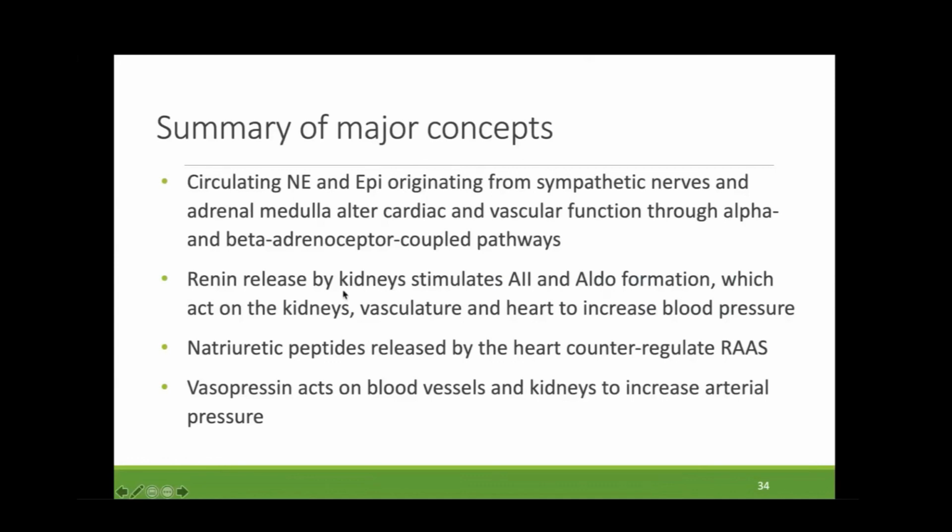Renin released by the kidney stimulates angiotensin II and aldosterone formation, which act on the kidneys, the vasculature, and the heart to increase blood pressure. Natriuretic peptides that are released by the heart counter-regulate the RAAS system. And then vasopressin acts on blood vessels and the kidneys to increase arterial pressure.